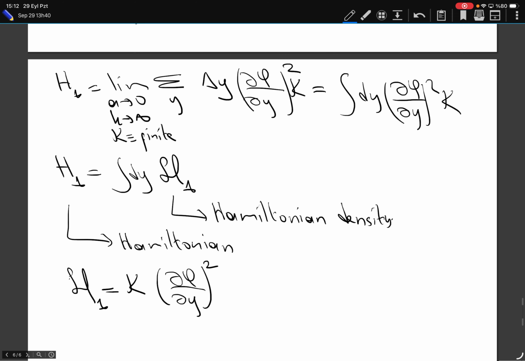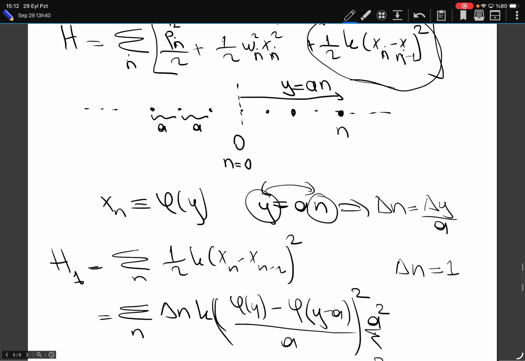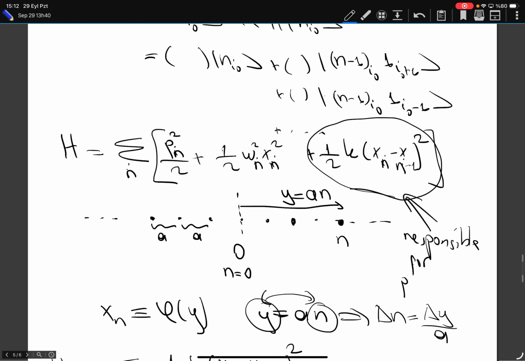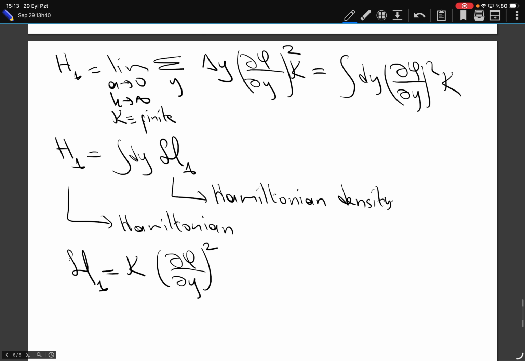This is the term that I wanted to obtain, and I also want to emphasize once more, this is the term responsible for particle motion. Without that term, particles do not move around. That term in our Hamiltonian, or eventually the Lagrangian, will be this term over here.